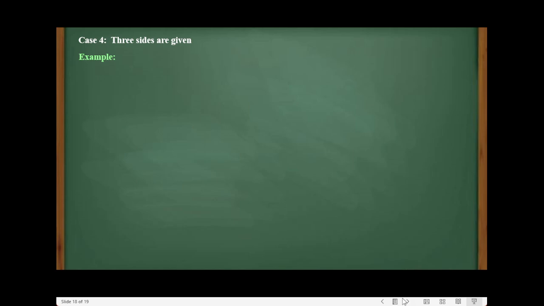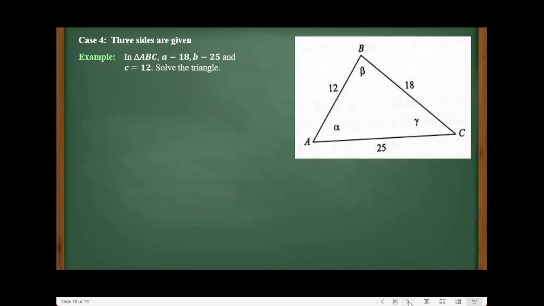Case number 4. So the given parts are the three sides, meaning the remaining unknown parts are all angles. So example, again, we have an oblique triangle. So all angles are unknown, but all sides are known. Side small letter a is 18. Side small letter b is 25.